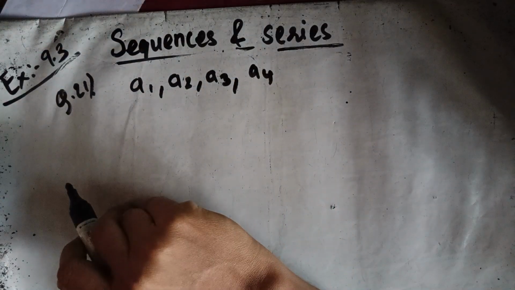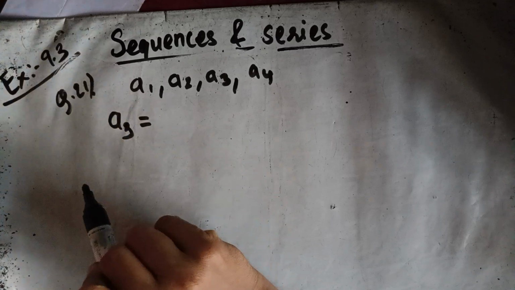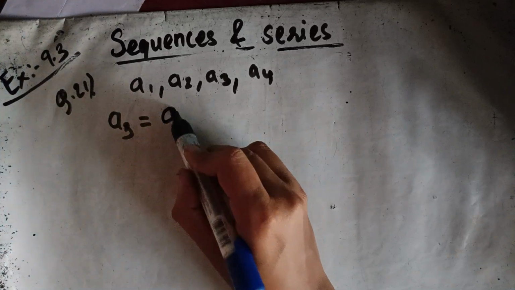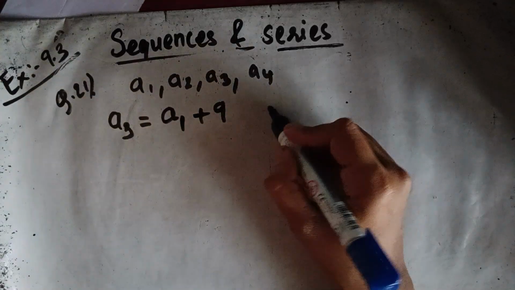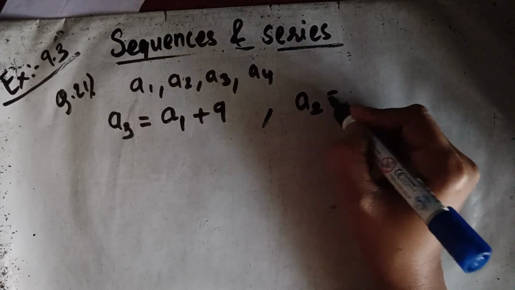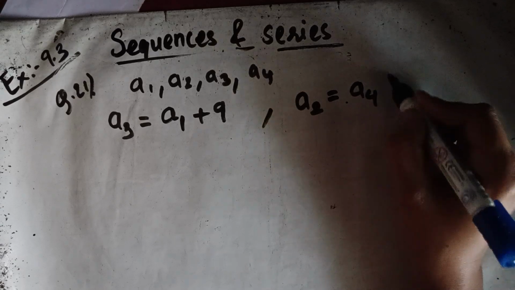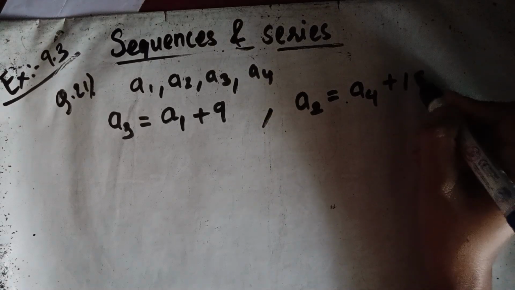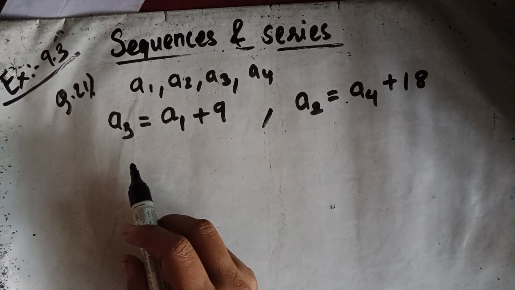Third term is greater than first term by 9. Then second term is greater than fourth term by 18. Okay, these are the two equations we have.